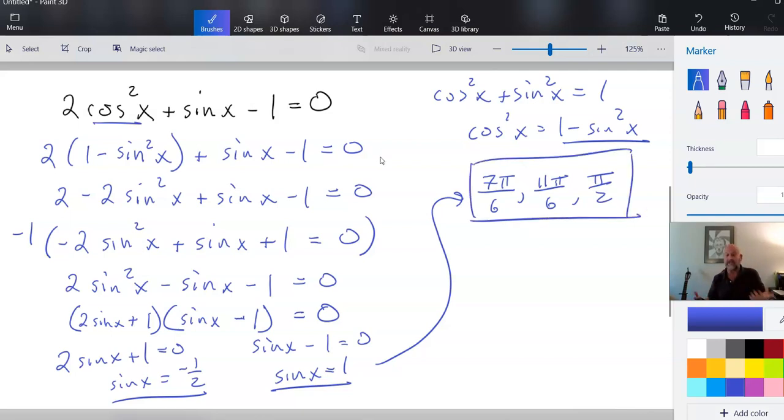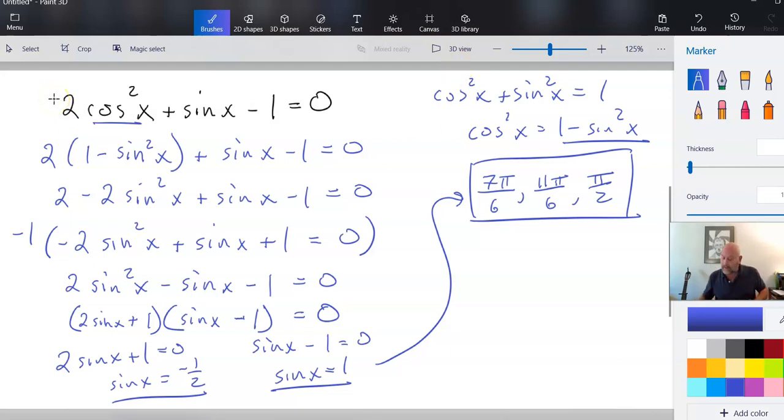And that's because this was the first example in disguise. So you may have to do some massaging with these to get them into a form that you know what to do with. And don't be afraid to use any of the identities that we've used so far. I think probably the most useful one is going to be this Pythagorean identity, so you can substitute out for sine and cosine squared.